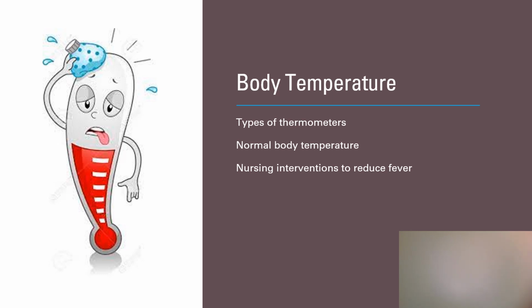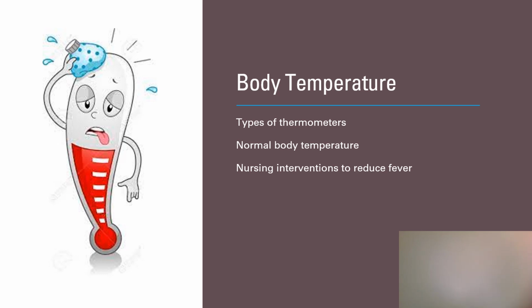We should never use glass thermometers in an unconscious, confused, or agitated client because these are usually used orally. We can use them axillary. We can also use them rectally, but there's usually a specified thermometer for rectal temperatures.